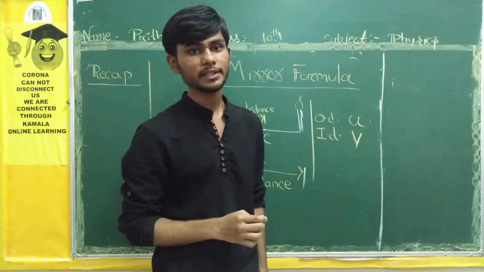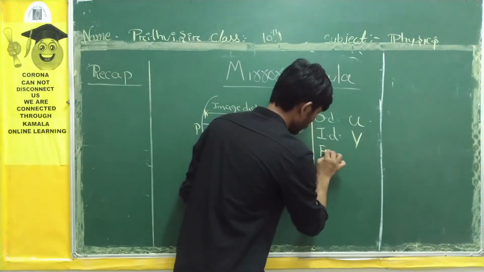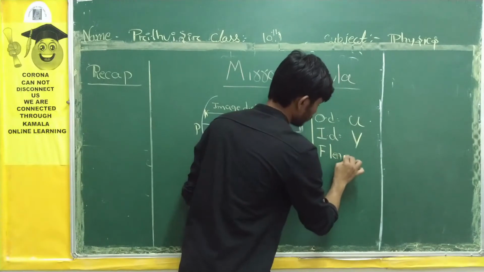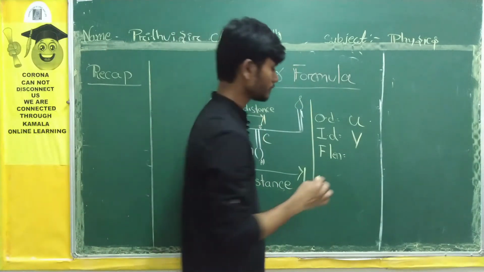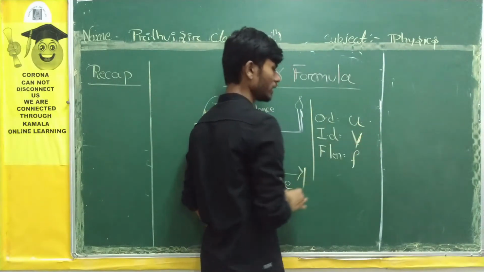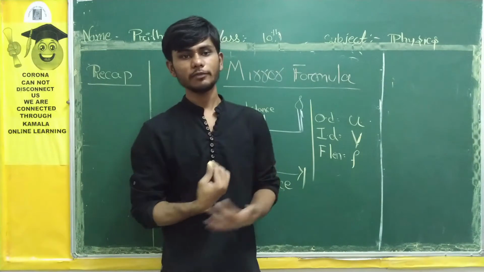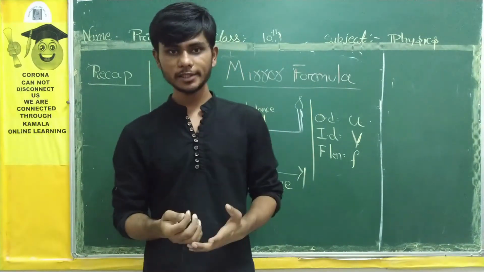What is it, students? v. Then the symbol for focal length is small f. Small u, small v, small f. Now you have the symbols and the idea of the distances.